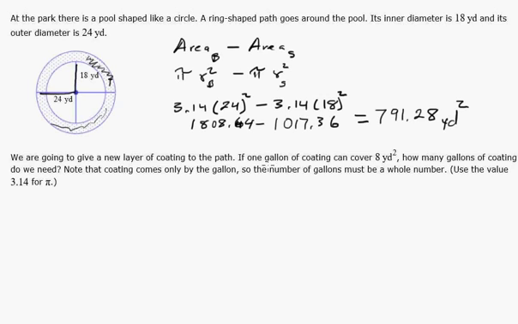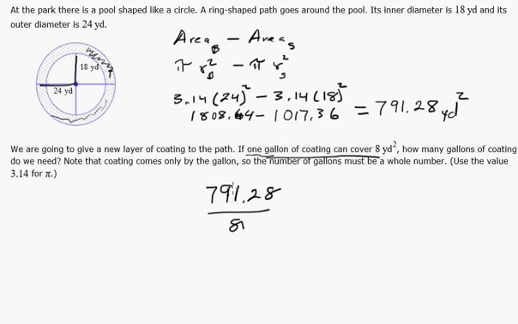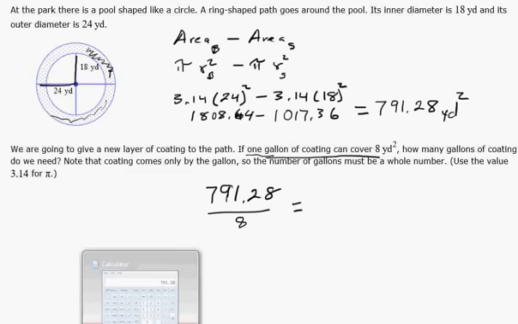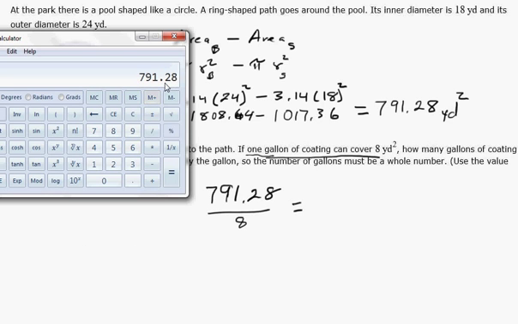Now, a gallon of coating of paint covers 8 square yards. You usually buy paint by the gallon, so we would just divide that by 8.